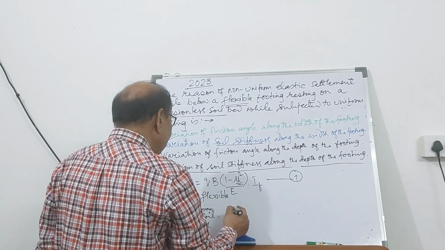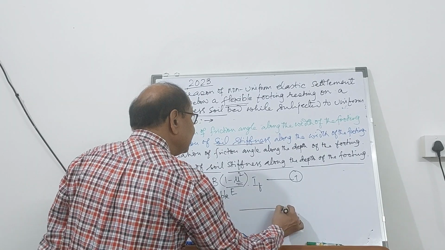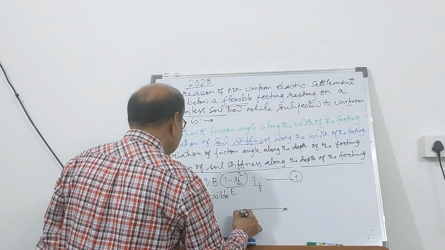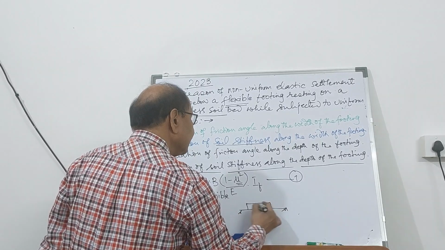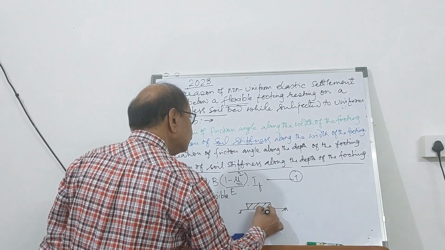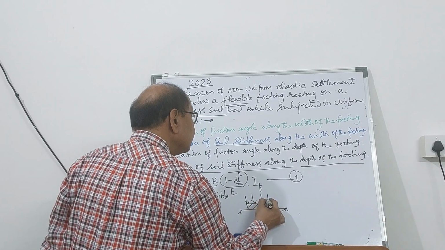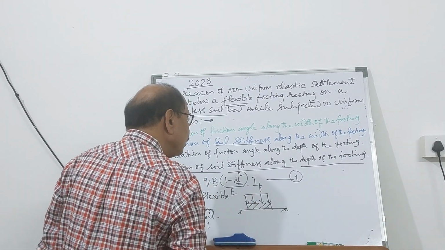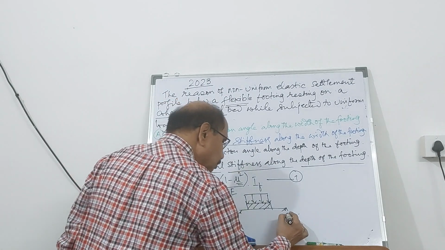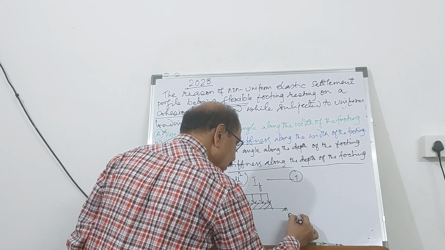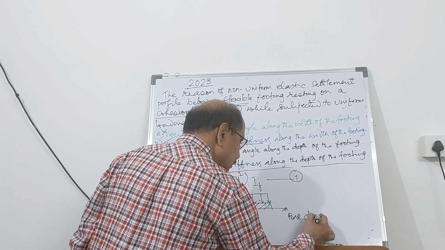Had it been on a clay soil, it will be entirely different. Let's say this flexible footing is uniformly loaded. This is uniformly loaded, but this is a pure clay bed.